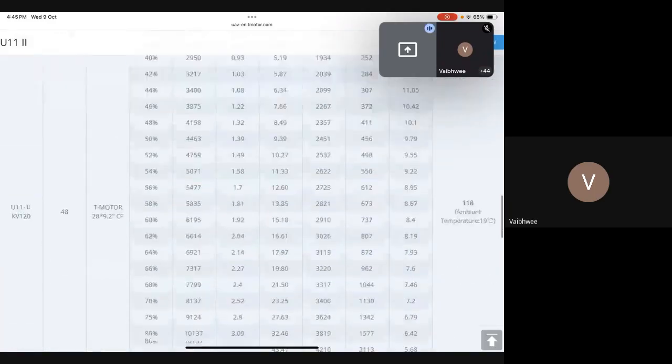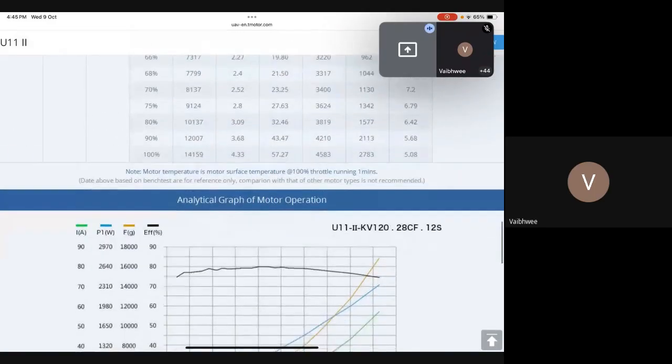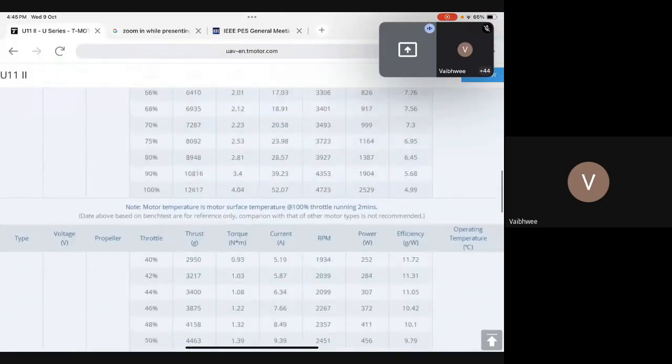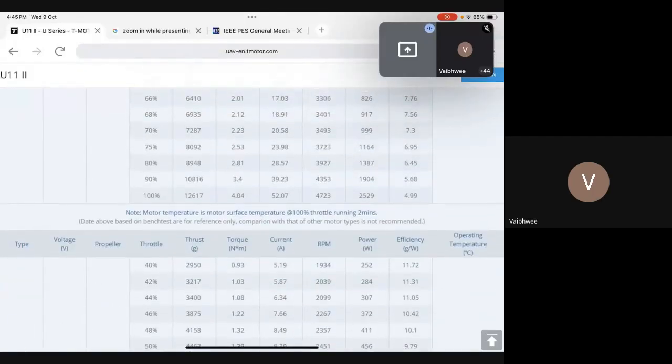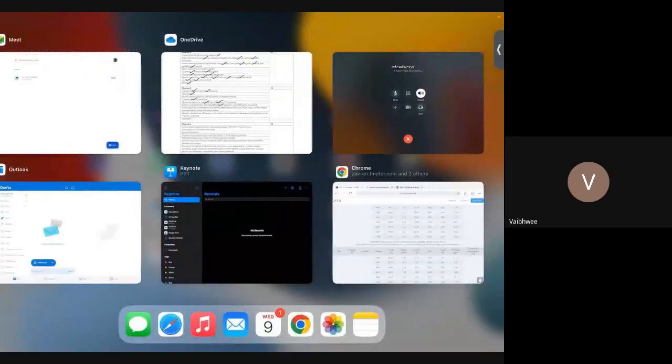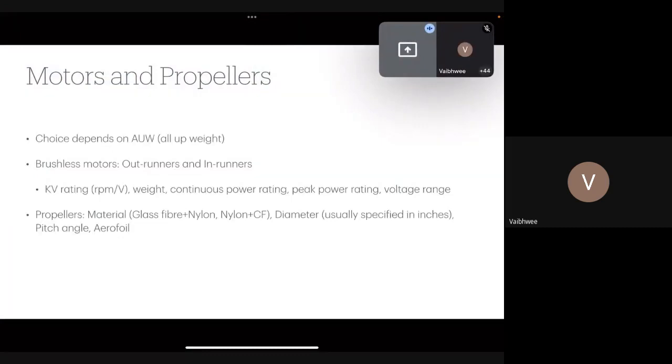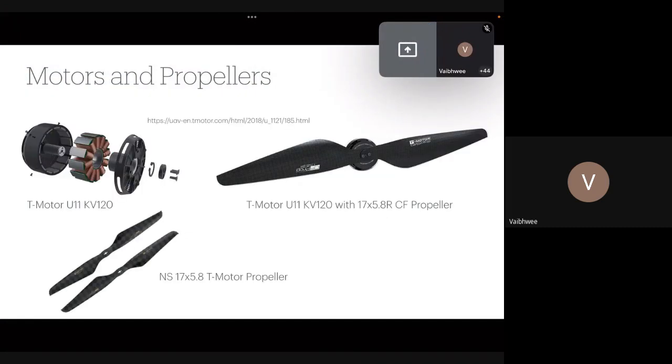This is something that one should look into. Usually if the manufacturers have their own propellers, well and good. If not, you can look into such test tables and figure out what kind of propellers would go, the reason being that these are the efficient possible combinations that one has.